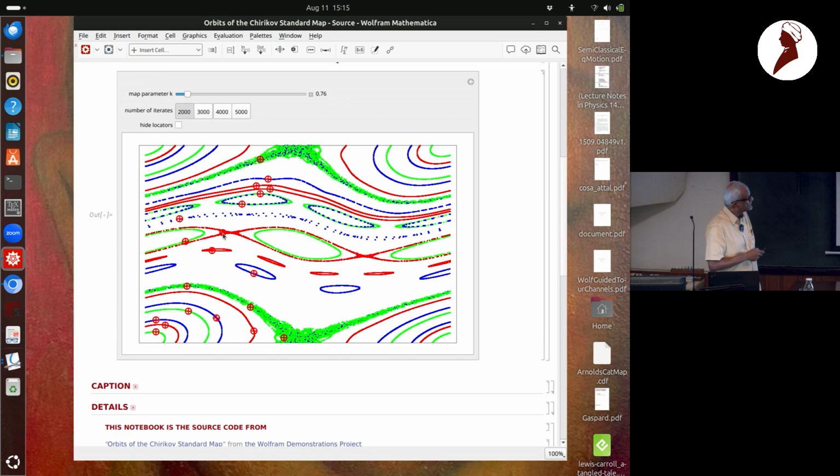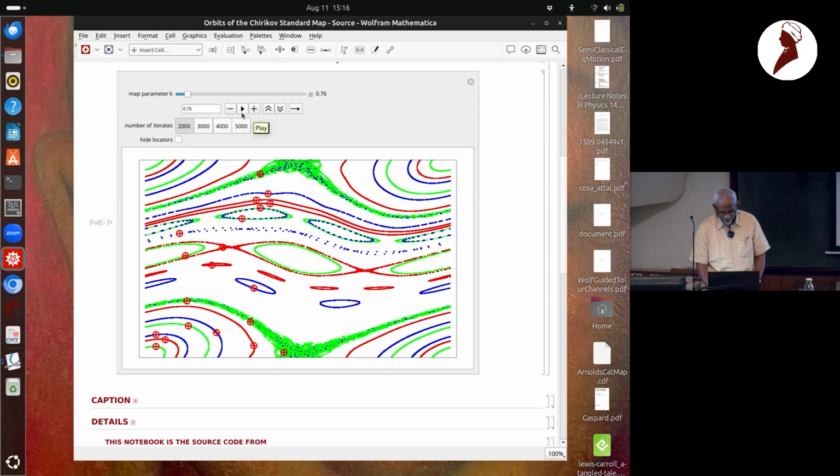So there are higher order resonances, and as k is increased a little more, by higher order I just mean the number of islands. This would be like a 0/1 resonance, so there will be one island, and here there are 2 islands. There are 3 islands here; this and this form one island. This is the 2/3 and 1/3.